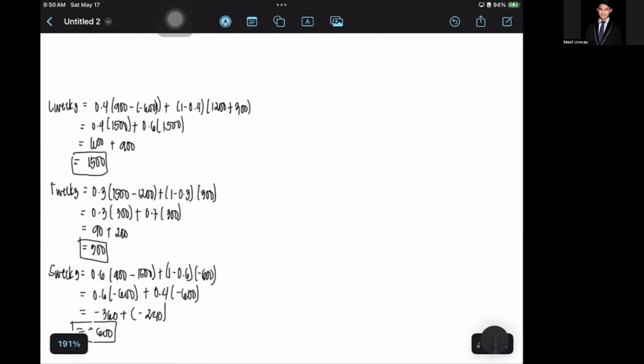What about the level of week 4? For the level of week 4, 0.4 times the current data, which is 1,200, minus the previous seasonality, that is negative 600, plus 1 minus the parameter times the previous level, which is 1,500, plus the trend.